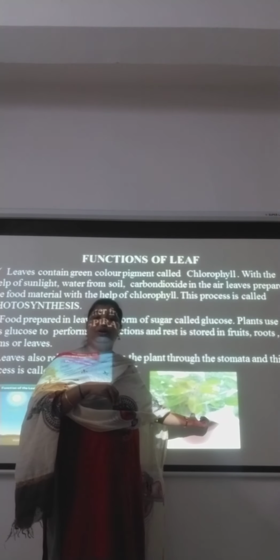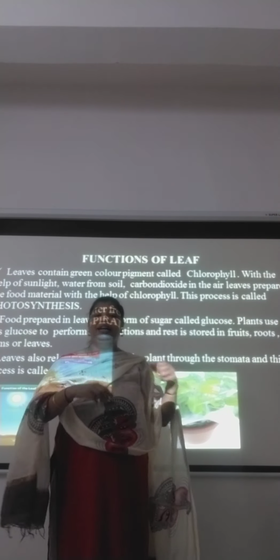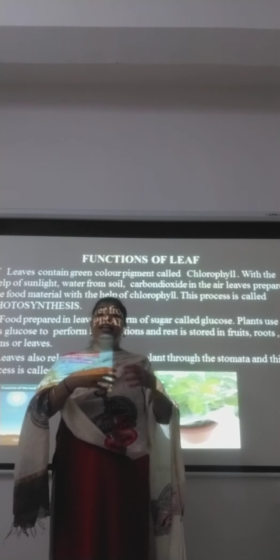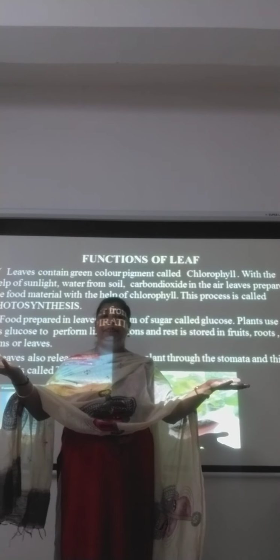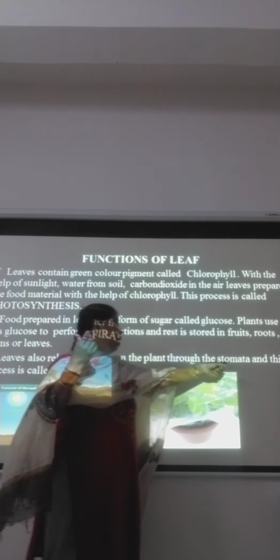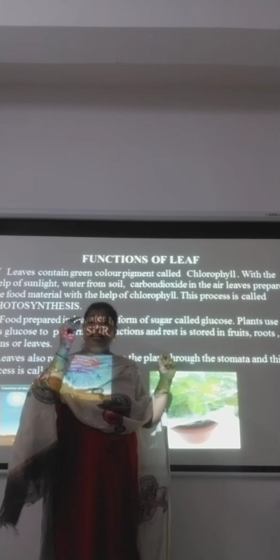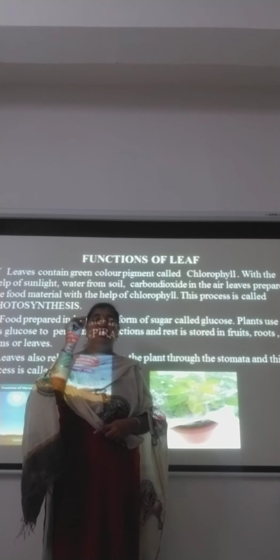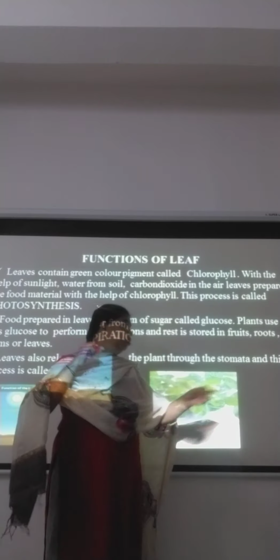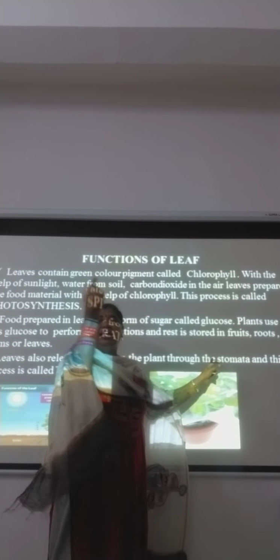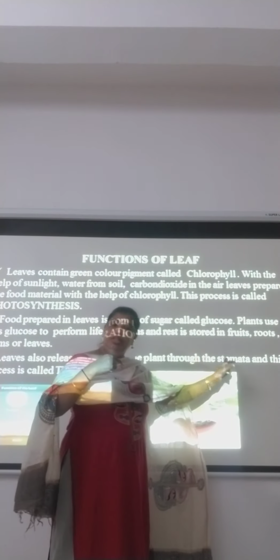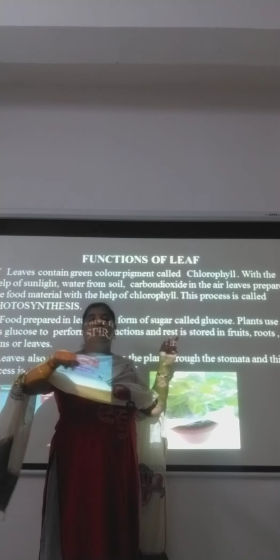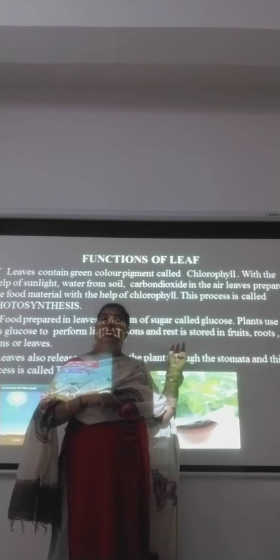Now what does this show? This shows that water is being released out by the leaves through stomata. Stomata is a small opening which is present in the leaf. Through this stomata, air will enter inside the leaf. Through this stomata, the water is also given out from the leaf.